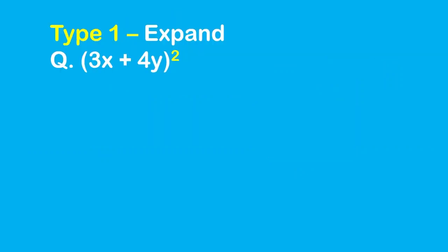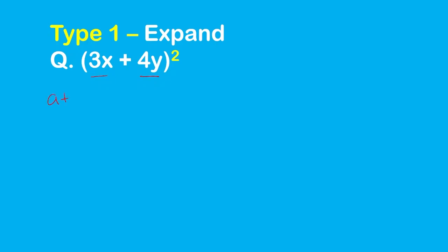Now let's have a look at what type of questions we can expect. Firstly, we have a direct question where we have been given the values of a and b, in this case 3x and 4y, and we have to find the square of their sum. So basically (a + b) whole square.